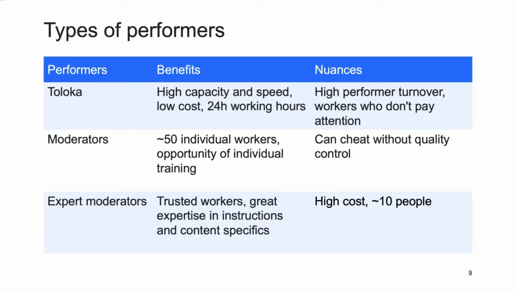And we also have our moderators, who are actual persons, as well as Tolokers, of course, but we know them, and they work for our service specifically. There are about 50 of them, and we have the opportunity to individually train them, to fix their mistakes, to work with them. And we also found that they can cheat without quality control.